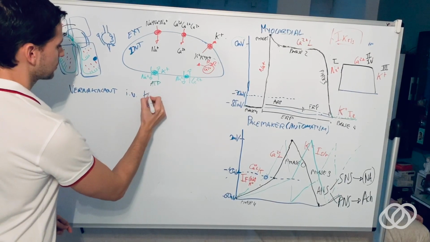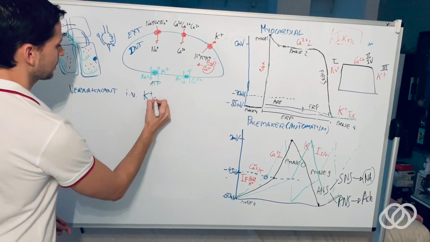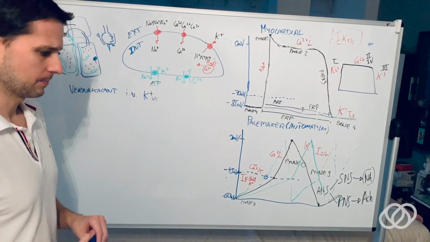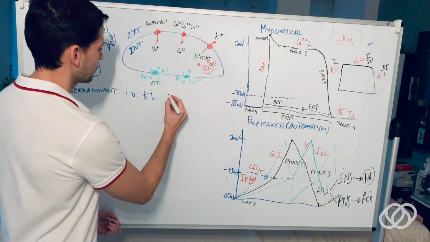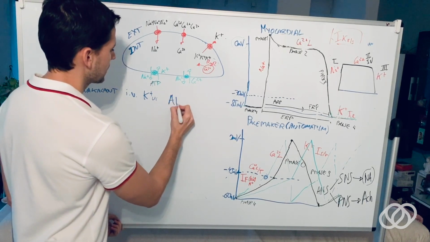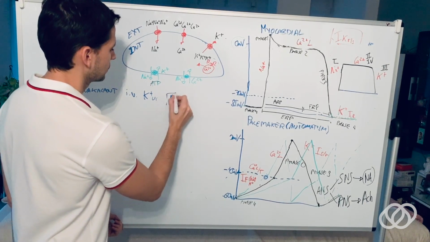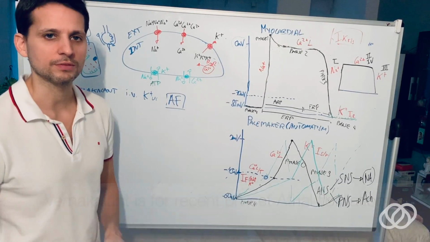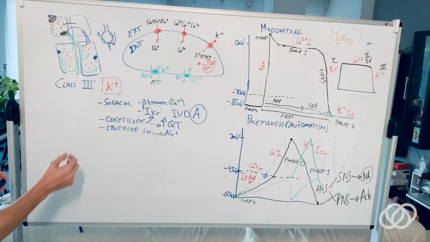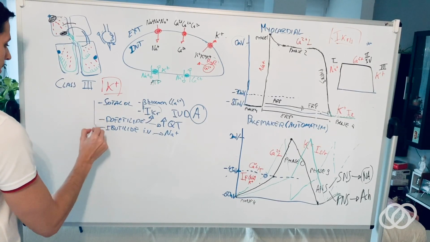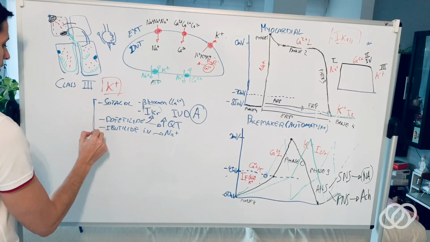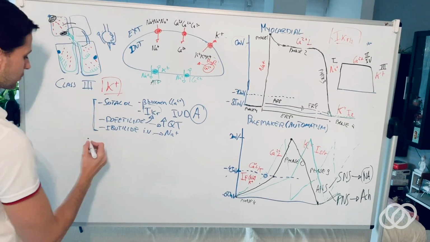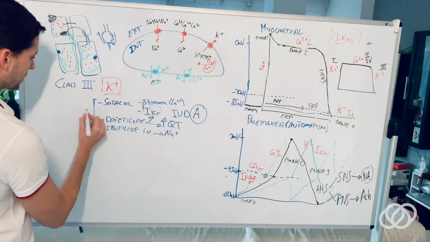It is very effective, and we use it for atrial fibrillation, with recent onset atrial fibrillation, and we give it intravenously. Okay, we can group these 3 drugs of class 3, and then we are going to have another 2 of class 3.